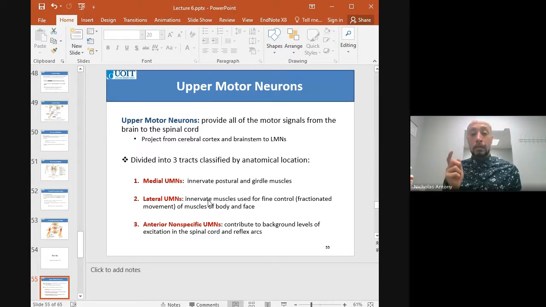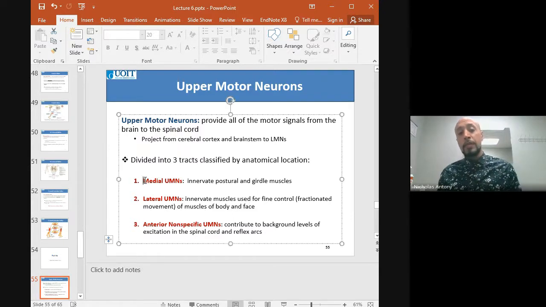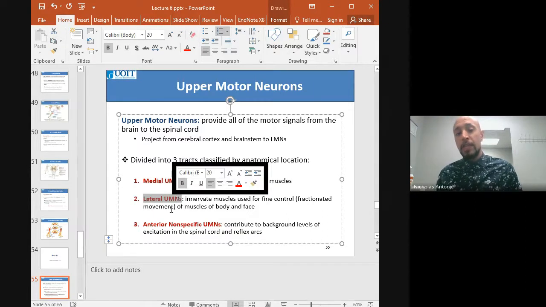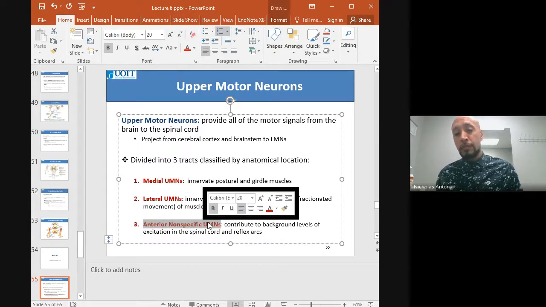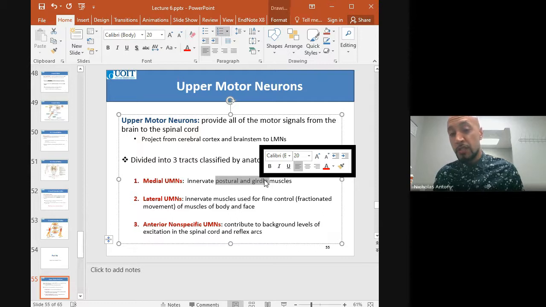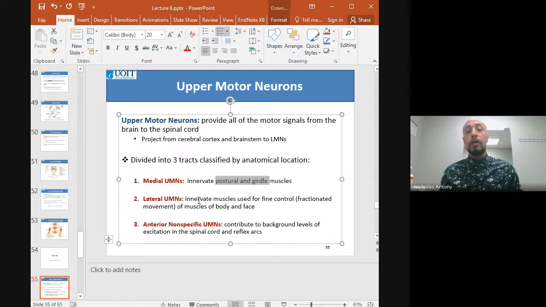In the motor system, there's three groupings. There's the medial upper motor neuron tracts, the lateral upper motor neuron tracts, and then the anterior non-specific upper motor neuron tracts. Medial upper motor neuron tracts are for activating posture and girdle muscles. Lateral upper motor neuron tracts are for fine control, and then the anterior non-specific motor neuron tracts are for neuromodulation of all the lower motor neurons in the spinal cord.